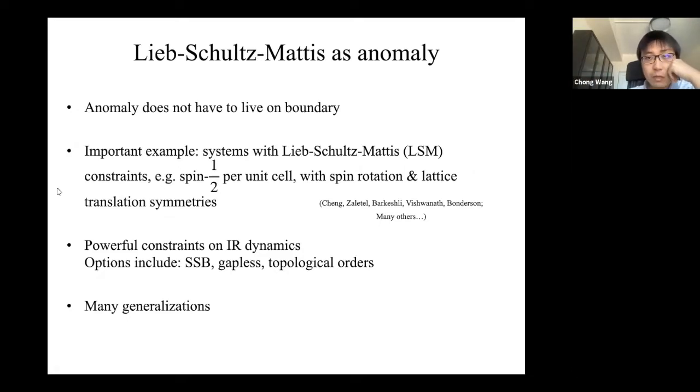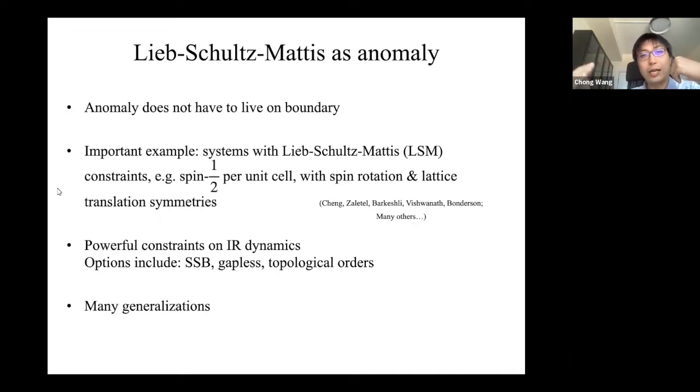It turns out that if you have this symmetry with this Hilbert space structure, whatever low-energy state you get, you will get a specific type of 't Hooft anomaly. In fact, it's a mixed anomaly between the spin rotation symmetry and the lattice translation symmetry. That will prevent you from having a trivial ground state.